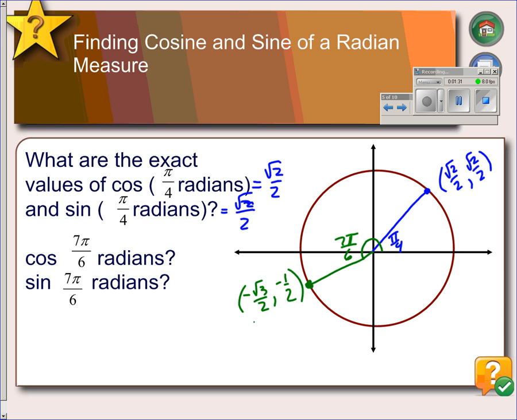Since the first one is cosine and the second one is sine, then the cosine of 7 pi/6 is negative root 3 over 2, and the sine of 7 pi/6 is negative 1/2. You can find that right off your unit circle.